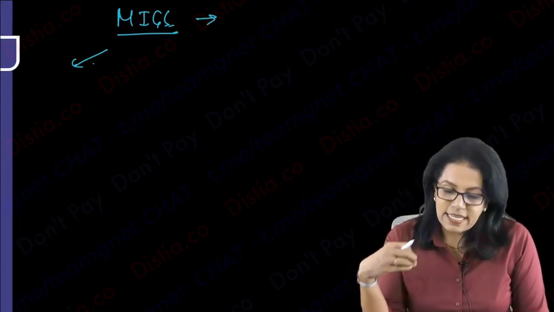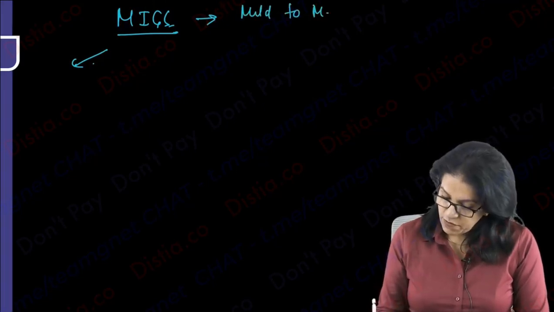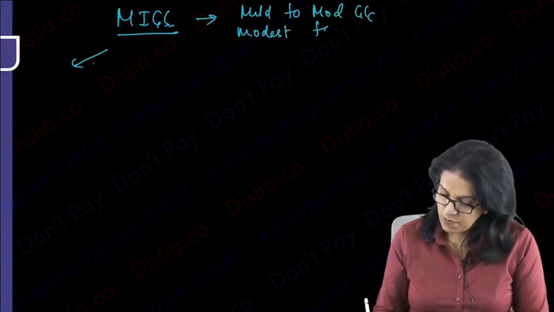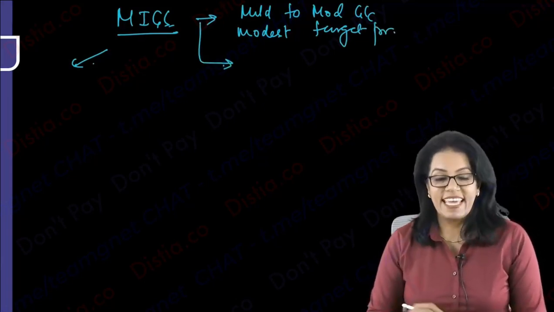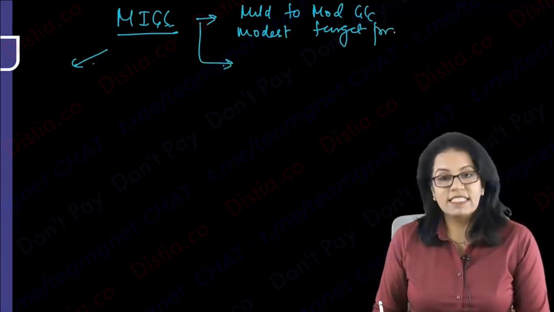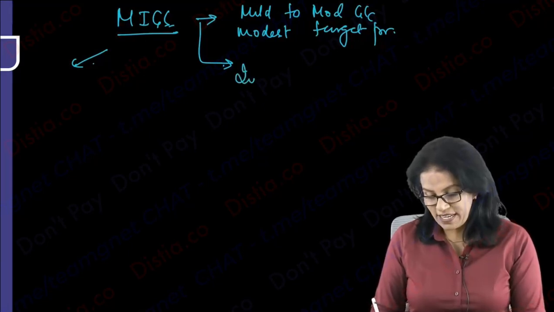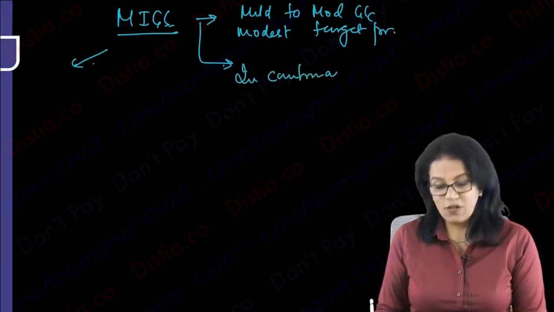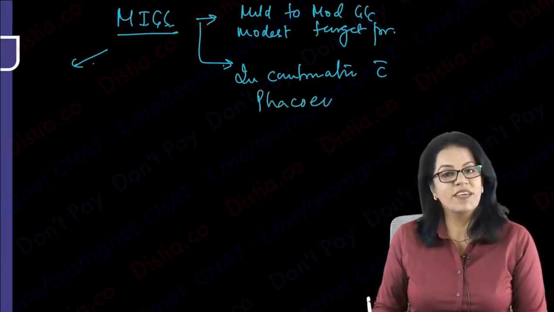If you write down, it is mainly for mild to moderate degree of glaucoma with modest target pressures. And second important point is that this is commonly done in combination with phacoemulsification.